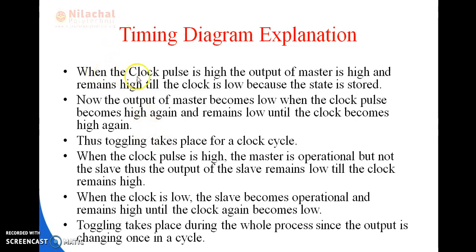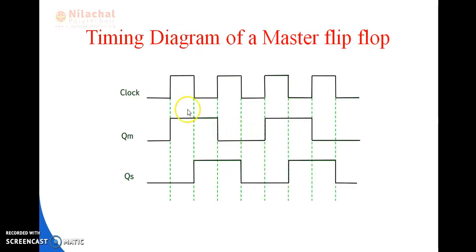When the clock pulse is high, the output of the master is high and remains high till the clock is low because the state is stored. So in this timing diagram, when the clock pulse is high, the output QM is also high.